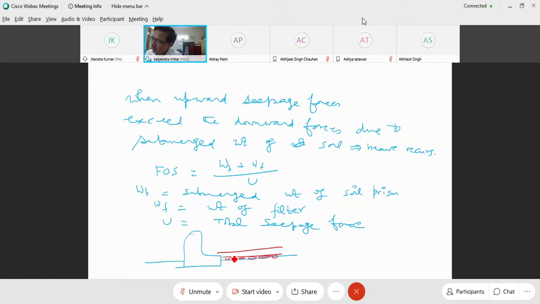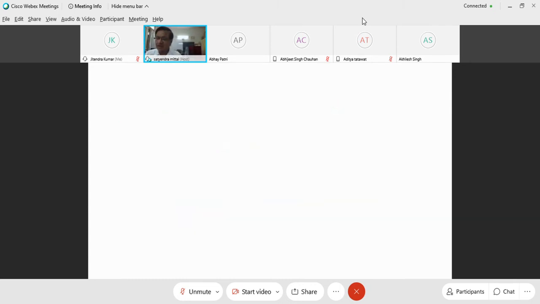This filter counterbalances the uplift forces. So this is about the seepage, exit gradient and uplift forces.